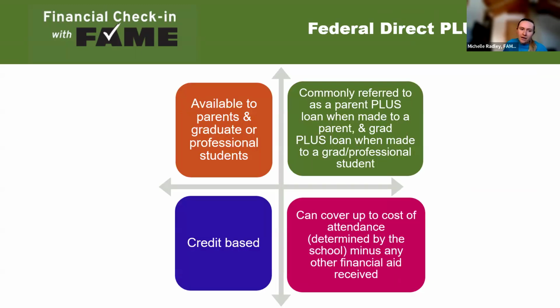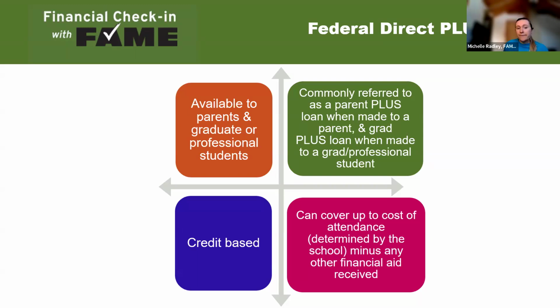All right, now we're going to talk a little bit about the Federal Direct PLUS Loan Program. These loans are available to different individuals than the blanket subsidized, unsubsidized direct lending program that's available to undergraduates. Direct PLUS loans are targeted at parents as well as graduate and professional students.